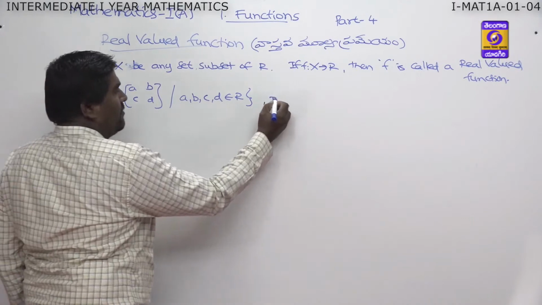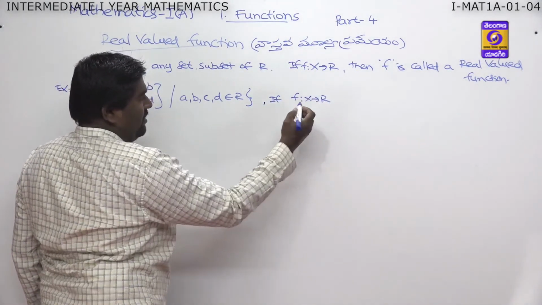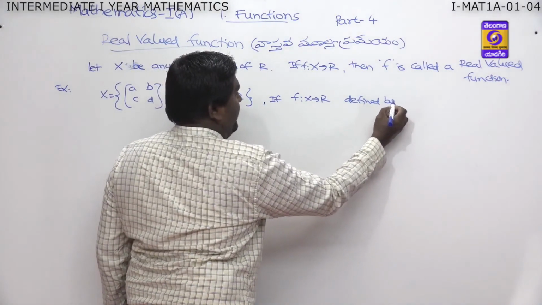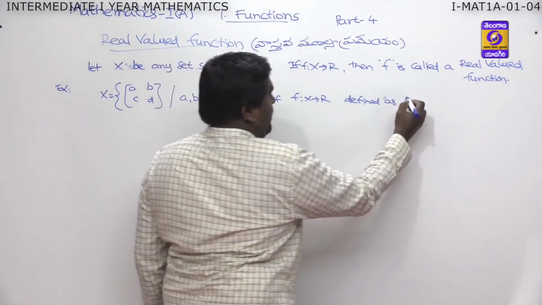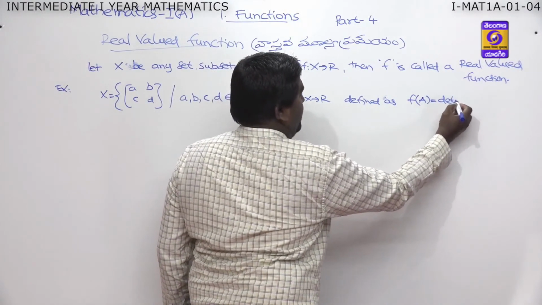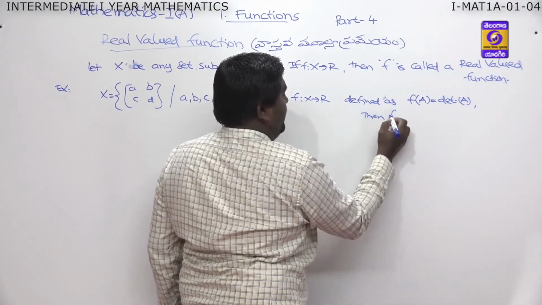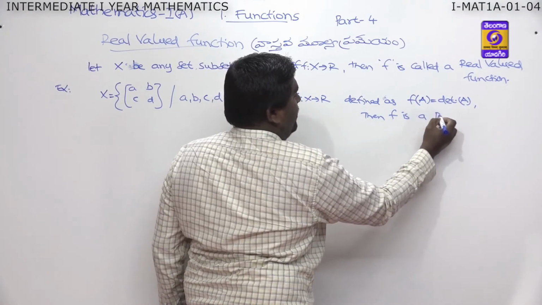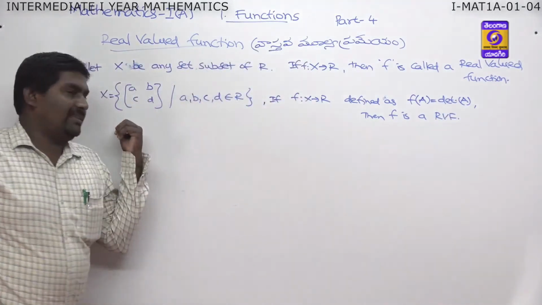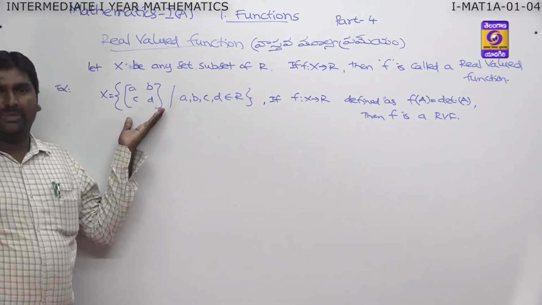If f is defined as x to R, defined as f of a is equals to determinant of a, then f is a real valued function. x అనేది ఏదైనా ఒక సమితి, మాత్రికలను కలిగినటువంటి సమితి.